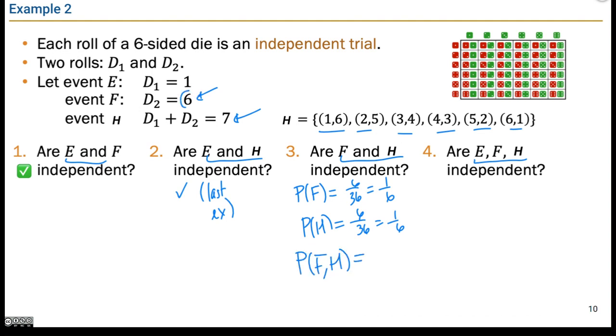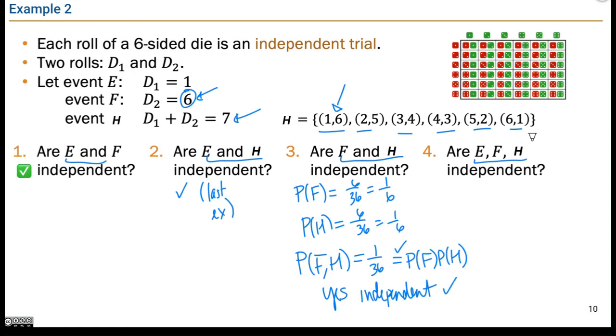Well, the second die has to be a 6 and the sum has to be a 7. So that means the only possible outcome that satisfies that is this one. So there's only 1 out of 36. And we can see that is equal to the product of the 2 individual ones. So yes, this is independent. So far, okay, these 3 are looking good.